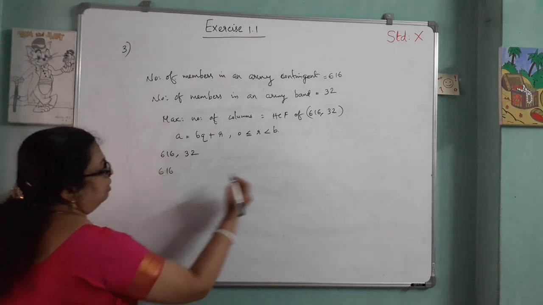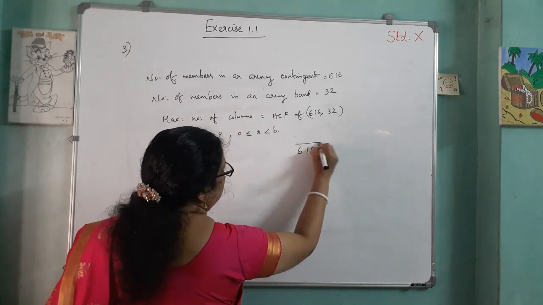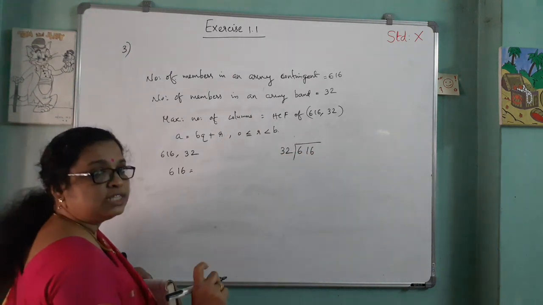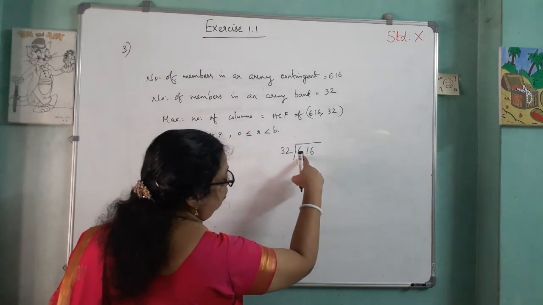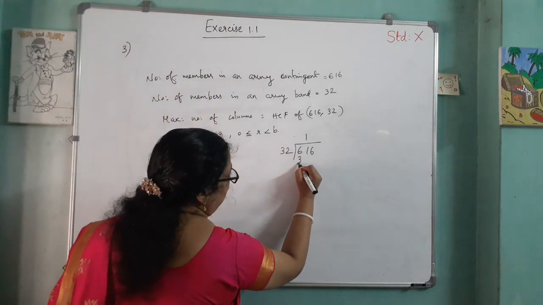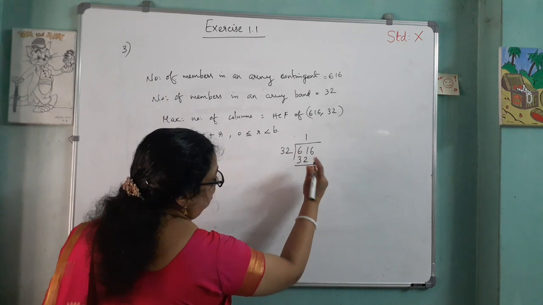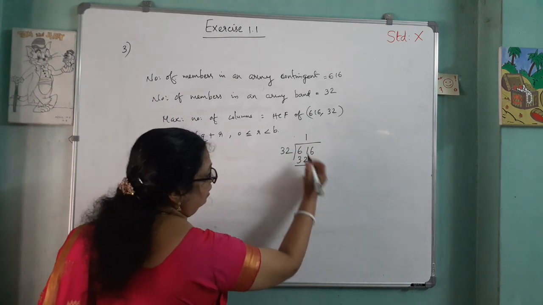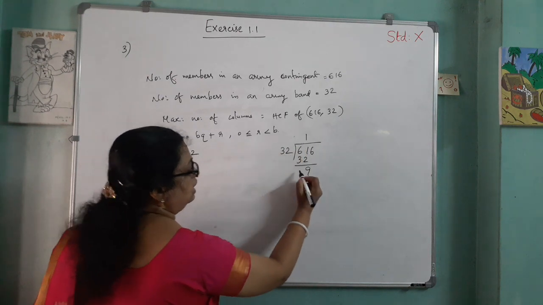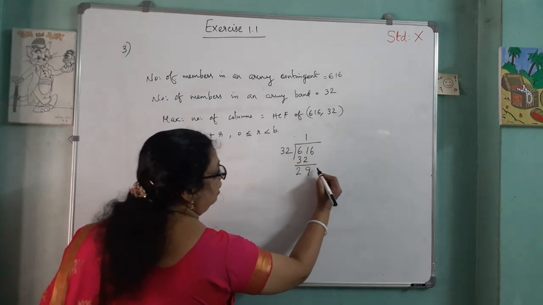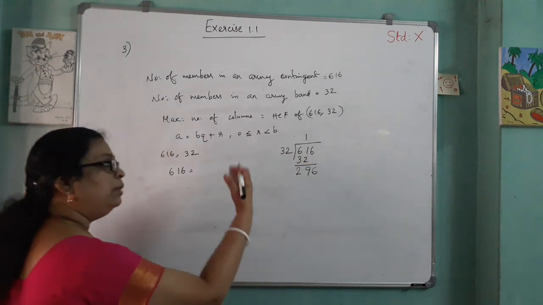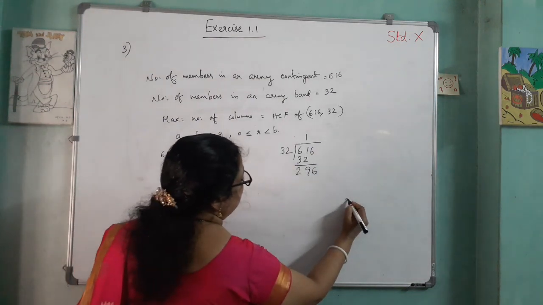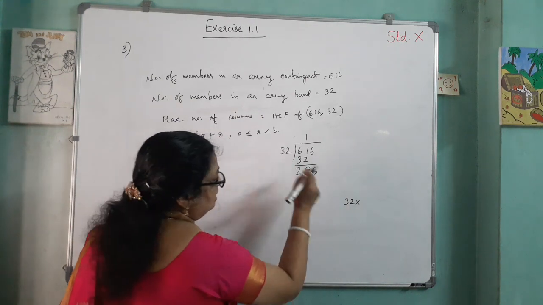So divide 616 by 32. We know that 32 into 2 is 64, so here only 61, so 1 times 32. Then subtract: 1 minus 2 not going, so borrowing, 11 minus 2 is 9. Then here only 5, 5 minus 3 is 2. Next number, bring down 296. Then how many times does 32 go into 296?